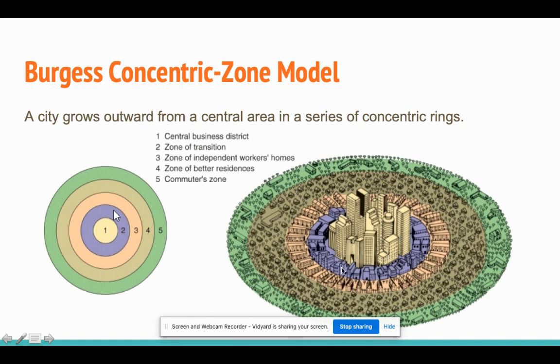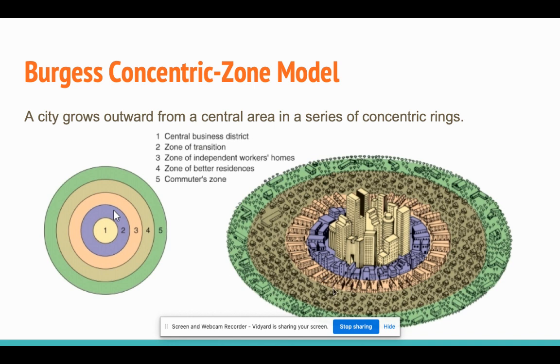Zone 3 is what's called the independent workers' homes. So this is this little peachy colored area that we see here. Yet again, if you look at the density of the housing, it is definitely more dense than, say, the suburb areas in the outskirts of the city here, but still pretty close together. These people are still able to work and play inside the central business district.